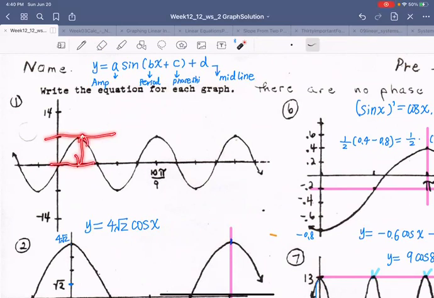So it's 7 sine, and then inside the parentheses, T is equal to 2 pi over b, which equals 10 pi over 9. Hold on, no, we counted 8 pi over 9.